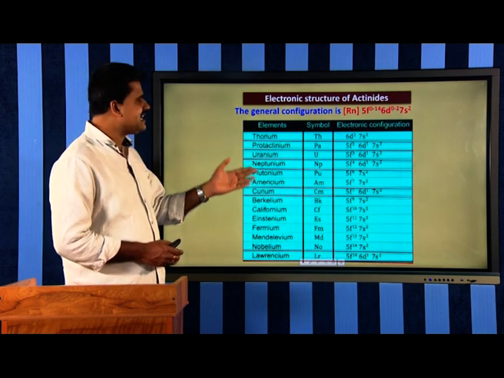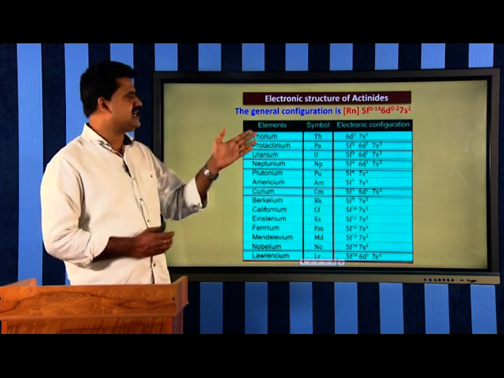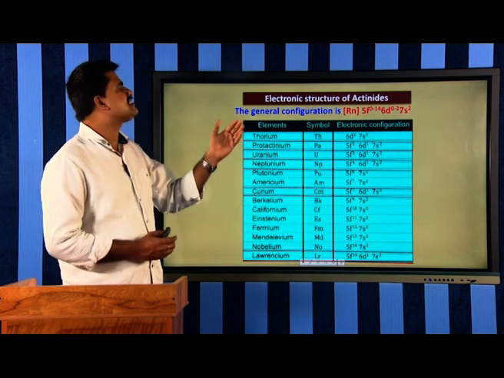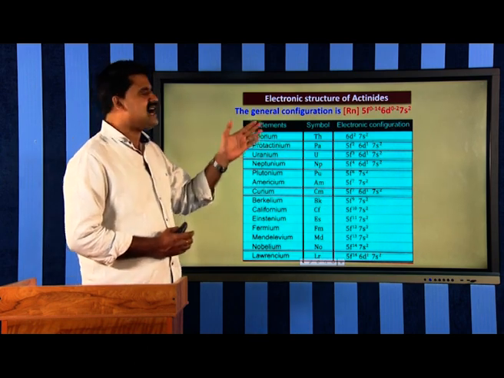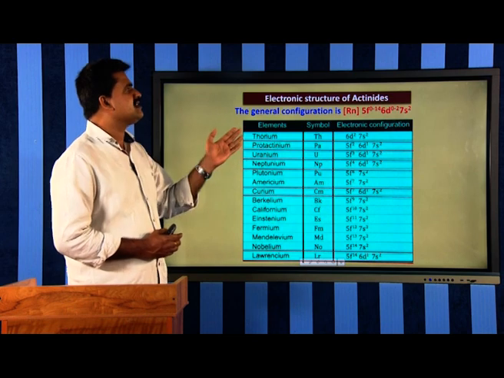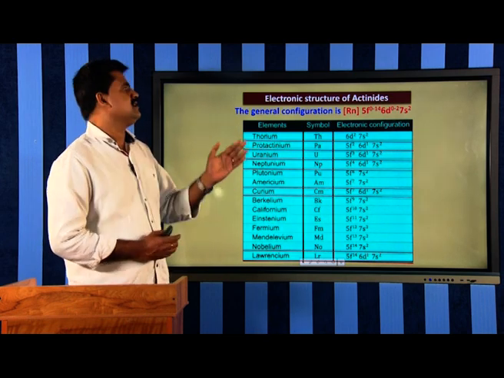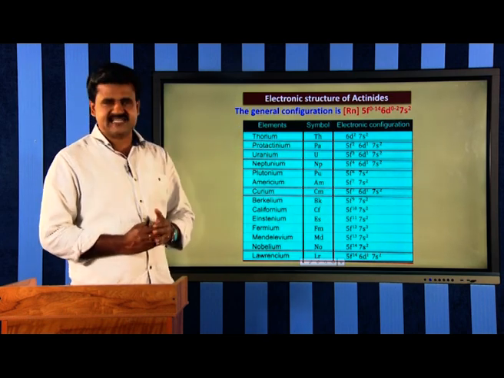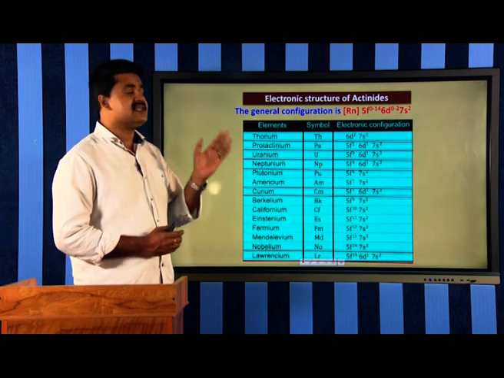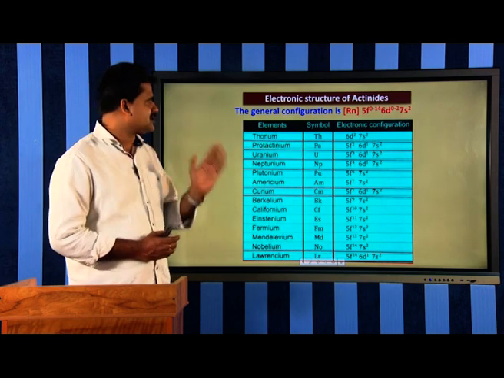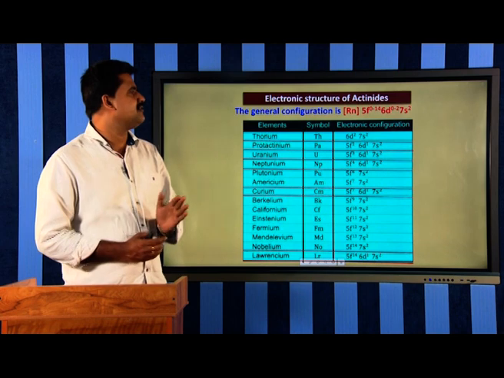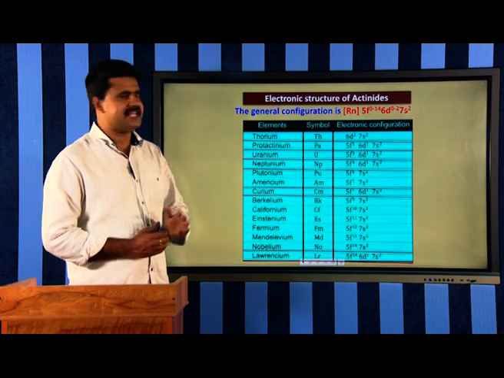On carefully analyzing the electronic arrangement of actinides, it is clear that the actinides have gradually increasing 5f electrons. That means the 5f subshell is gradually filled from 0 to 14.